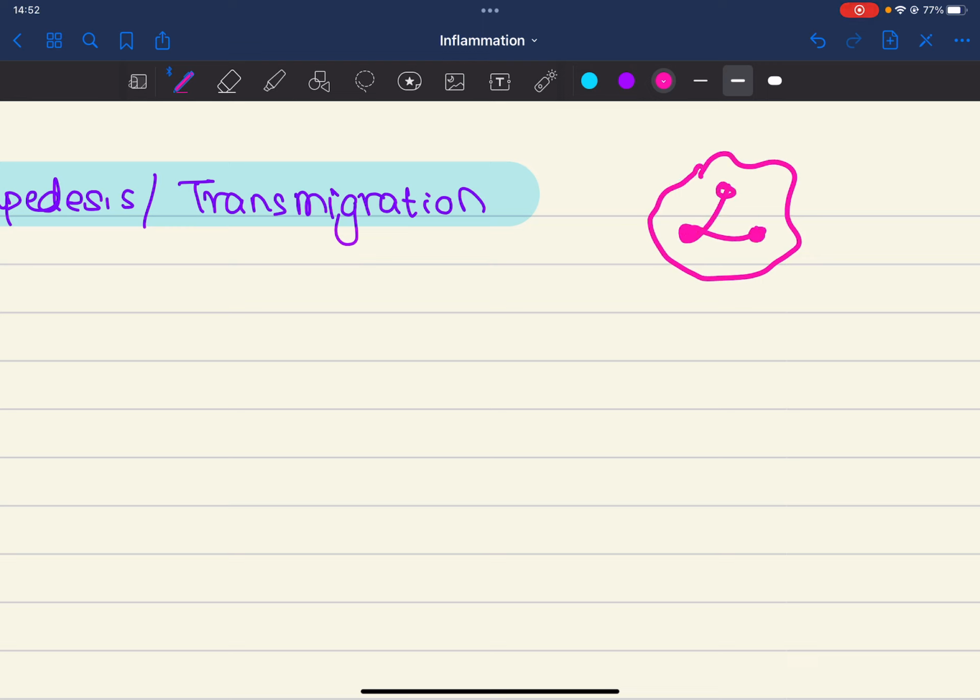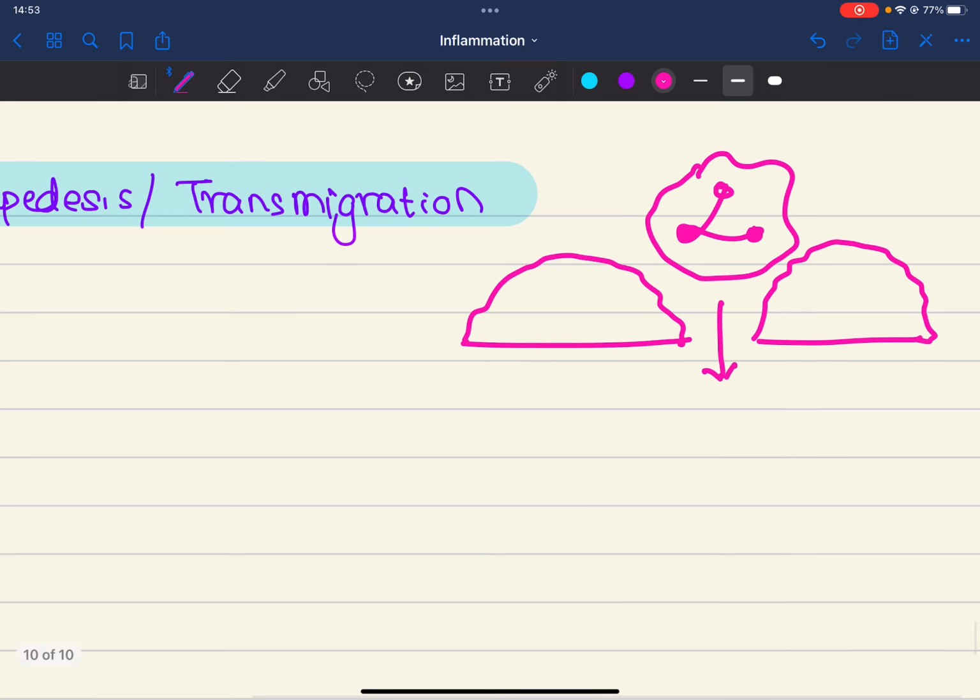For example, this is one endothelium. They are contracted. Obviously, we have already discussed the contraction of endothelium. Now there is an interendothelial gap. Both develop a similar kind of attaching molecules.